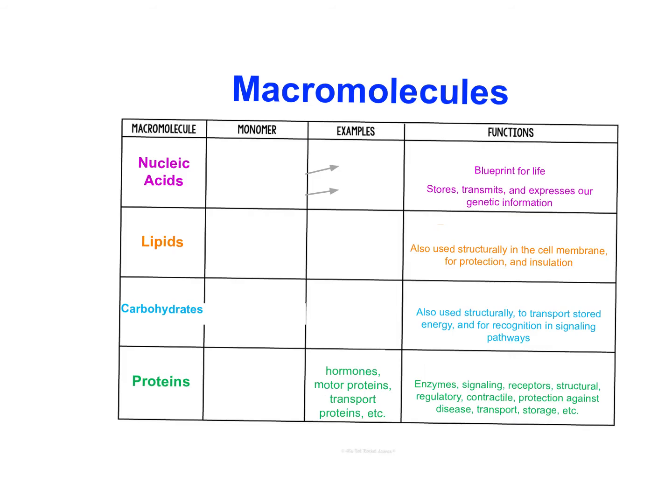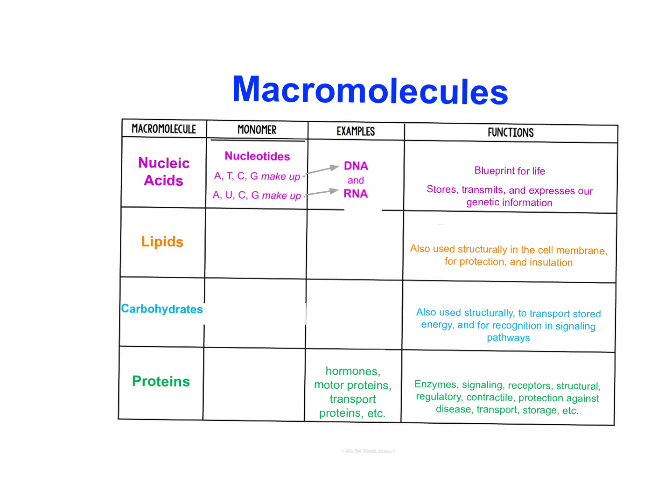So let's talk about each of our macromolecules, starting with our nucleic acids. The monomer of our nucleic acids are what we call nucleotides. And if you remember, we have A's, T's, C's, and G's, or we also have the time when we change out our T's to U's. And our monomers are what is going to make up our polymers.